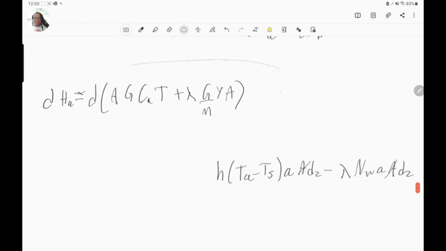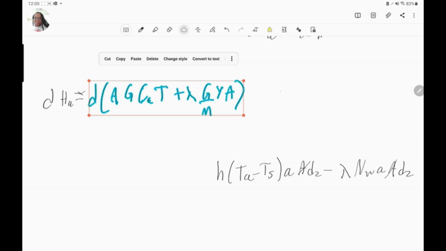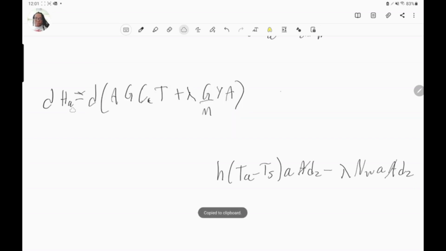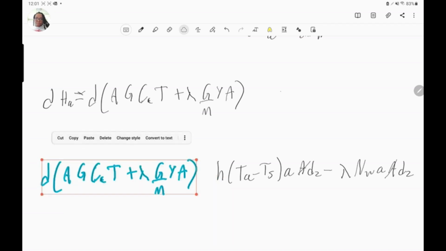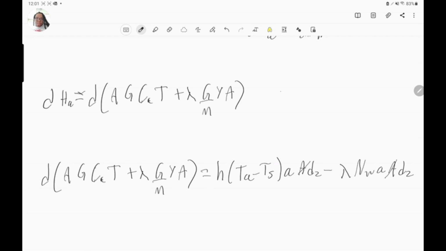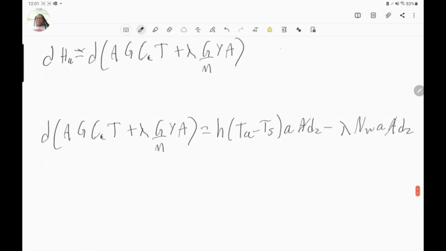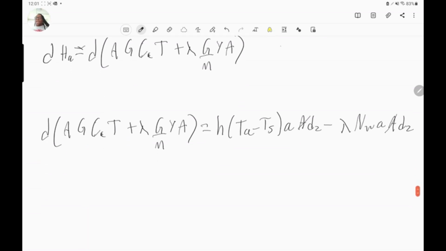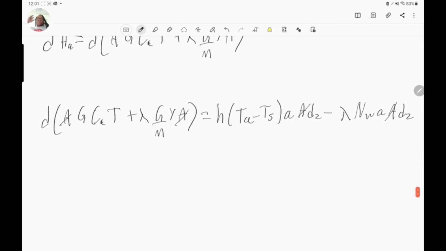And we're going to set that equal to this equation. And so from there, off the bat, we already know that A is going to cancel out, as we've just been doing this whole time.